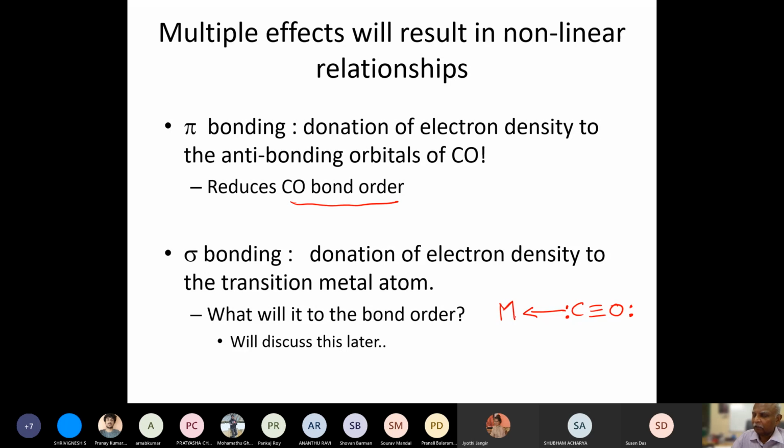And the metal is accepting electron density. But notice that even while saying this, I said that this is a lone pair. What I'm implying is that it's not involved in bonding. If it's not involved in bonding, then it shouldn't matter whether I'm donating it to the metal or not. It should not affect the CO bond order.